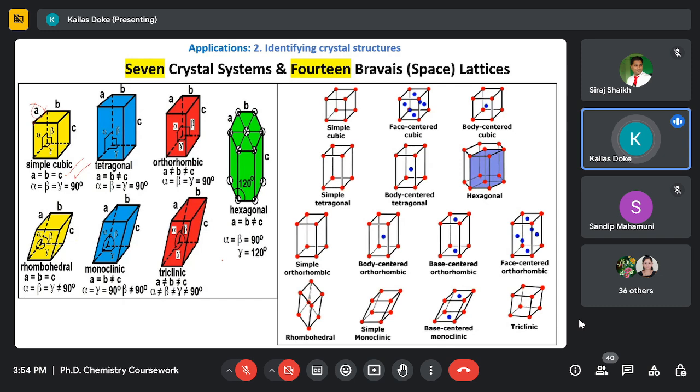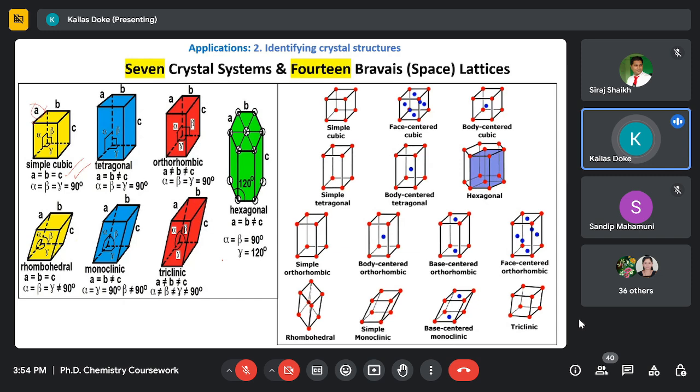What are the Bravais lattices or space lattices? There are only 14 space lattices or Bravais lattices. So if it is a simple cubic, what is the arrangement of constituents, atoms or ions or molecules present in one unit cell? This is called the smallest repeated unit of the crystal, which we call a unit cell.